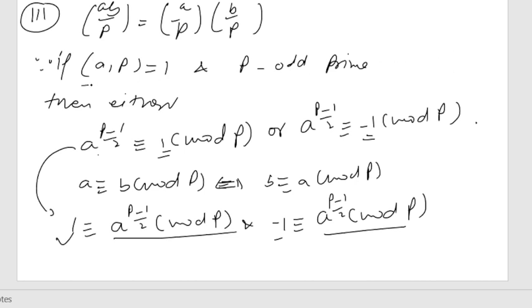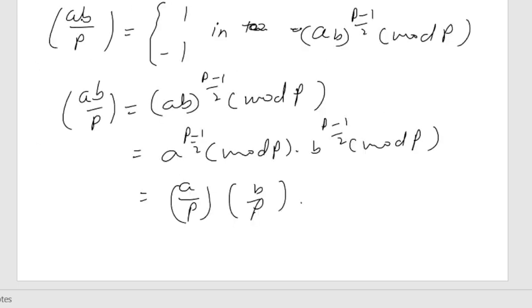What is that? If the GCD of a and p is equal to 1, where p is an odd prime, then it will give you either a^((p-1)/2) is congruent to 1 mod p, or a^((p-1)/2) is congruent to minus 1 mod p. By the symmetric property, we can write 1 is equal to a^((p-1)/2) mod p, and minus 1 will give you the same value.